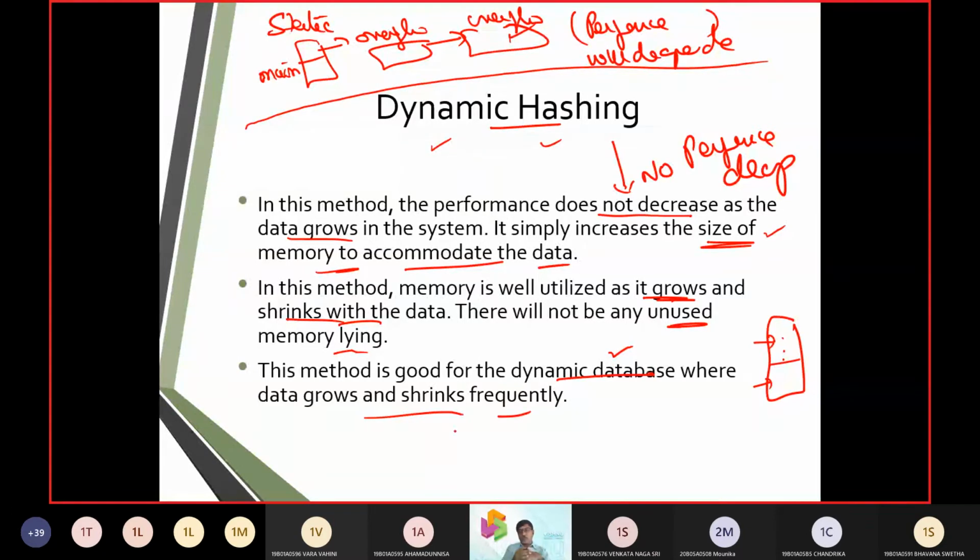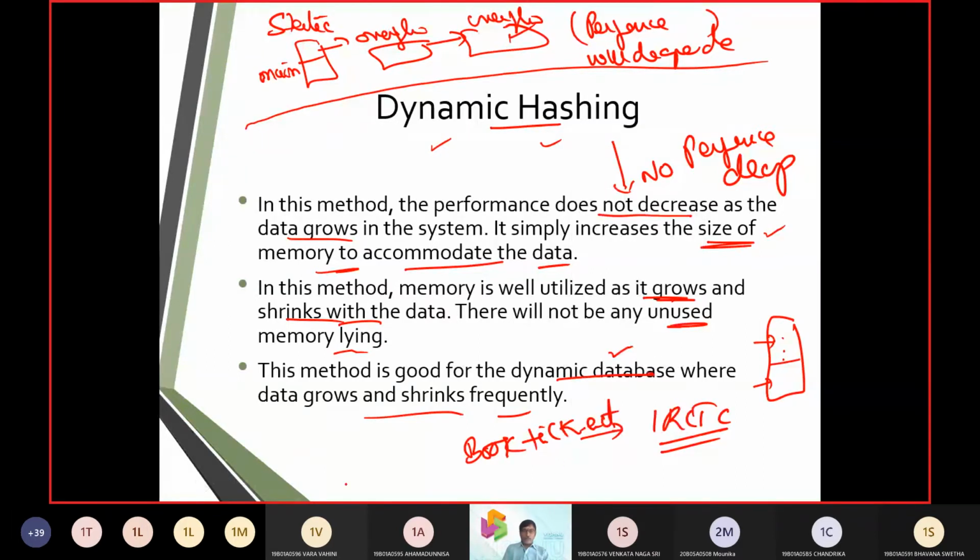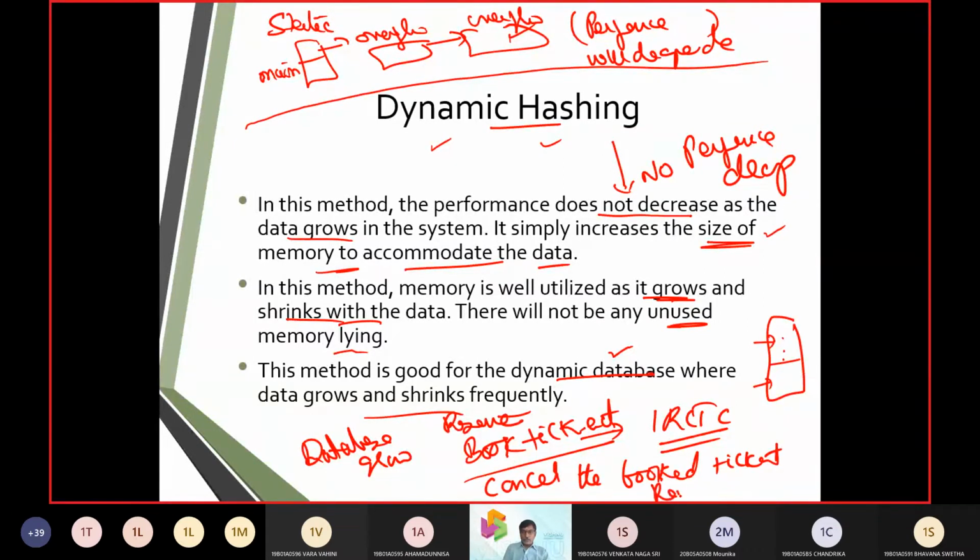Assume we are working on the IRCTC database. In the IRCTC database, we can book tickets, right? That means the database is going to grow. Then we will cancel the booked tickets, and that is the shrinking phase.